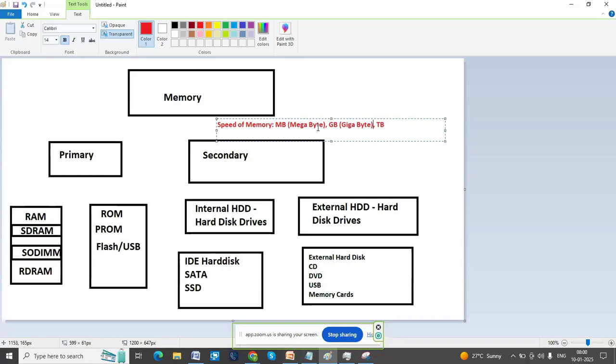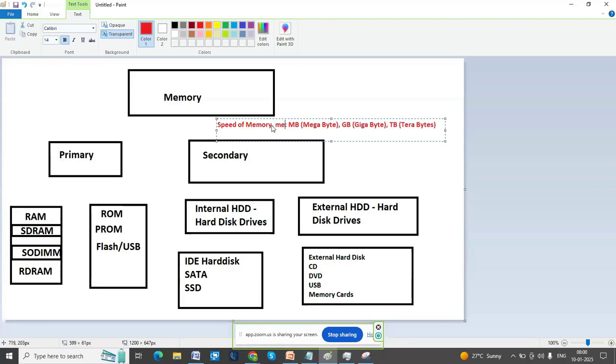But in computer terminology, 1024 bytes equal 1 kilobyte, 1024 kilobytes equal 1 megabyte, 1024 megabytes equal 1 gigabyte, 1024 gigabytes equal 1 terabyte. It keeps on continuing.